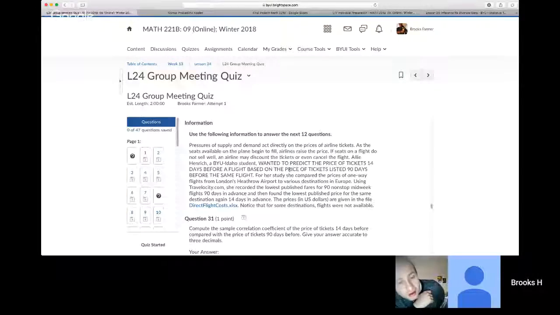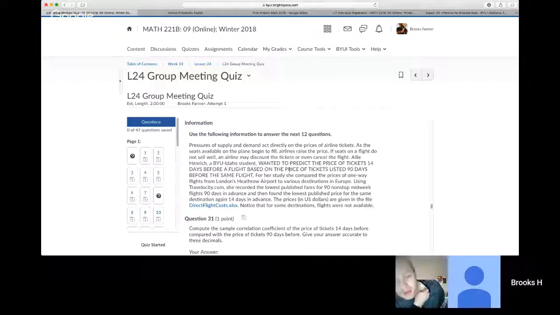Pressures of supply and demand act directly on the prices of airline tickets. As the seats available on the plane begin to fill, airlines raise the prices. If seats on a flight do not sell well, they may discount the tickets or even cancel the flight. Ali Heinrich wanted to predict the price of tickets 14 days before a flight based on the price of tickets listed 90 days before the same flight. She compared the prices of one-way flights from London's Heathrow Airport to various destinations in Europe.